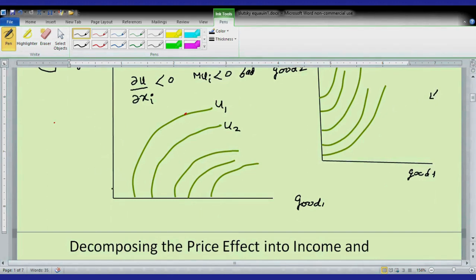Just keep in mind that when we are reading the indifference curves, the indifference curve which is further away from the origin represents a higher indifference curve or a higher utility level, and the indifference curve which is closer to the origin has a lower utility.